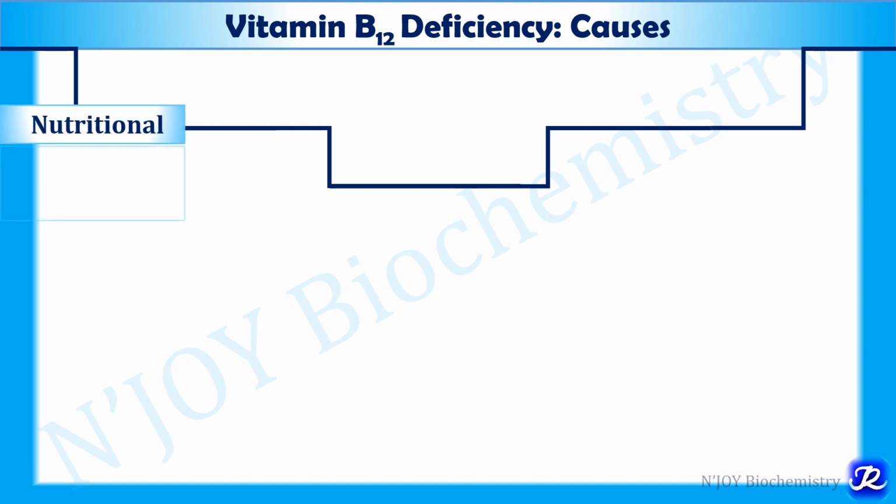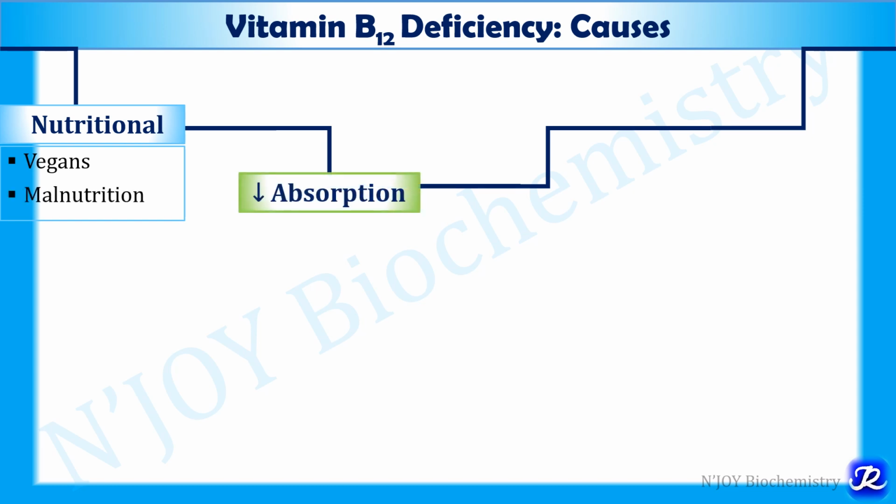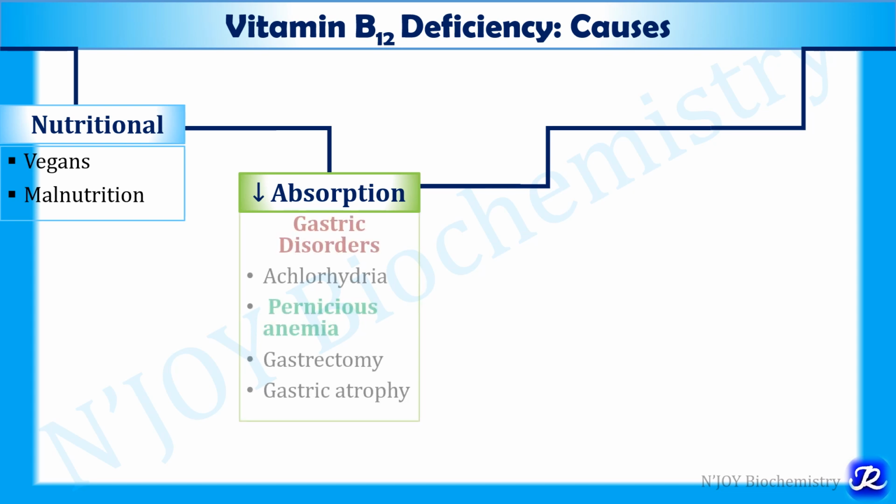First is nutritional, and this vitamin B12 deficiency is common in vegans because they don't consume animal products as well as dairy products, and also it is common in malnutrition. And what are the various causes where the vitamin B12 absorption is reduced? So there are various gastric disorders. For example, achlorhydria.